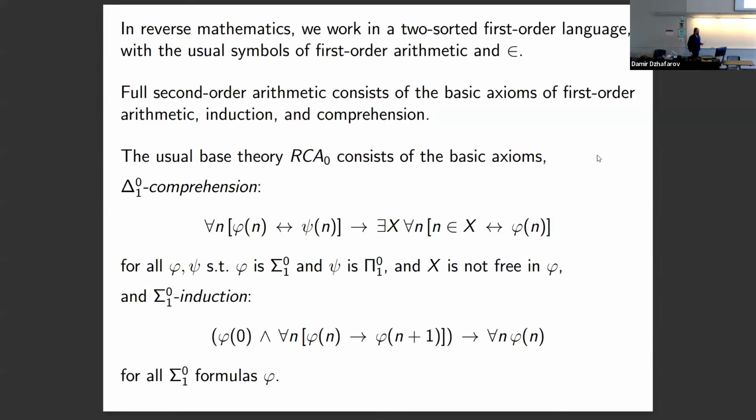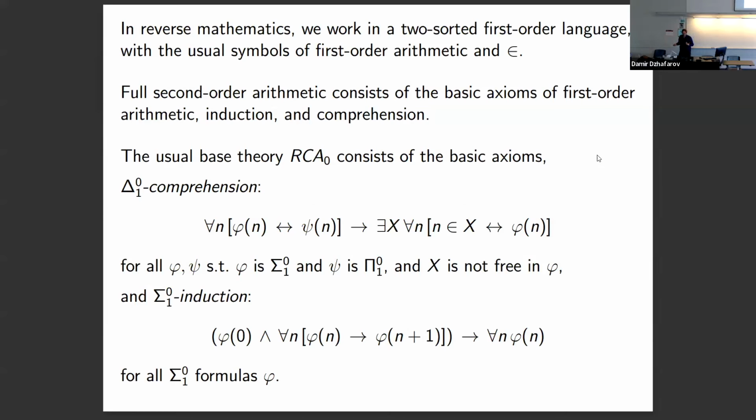There are many choices, but the usual base theory of reverse mathematics is known as RCA_0, for recursive comprehension axiom, or computable comprehension. It has the basic axioms of first order arithmetic, but comprehension is reduced to only Delta^0_1 comprehension. So if you have something that's expressible both with an existential and a universal formula, then you can form the set of things that have that property.